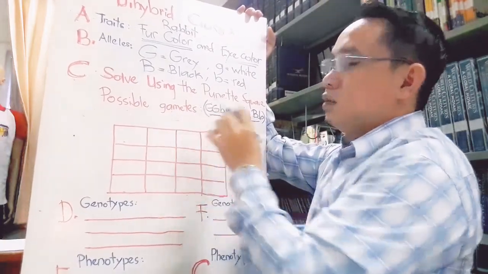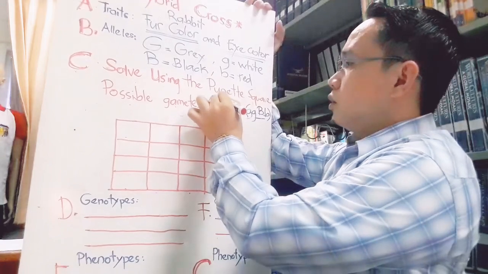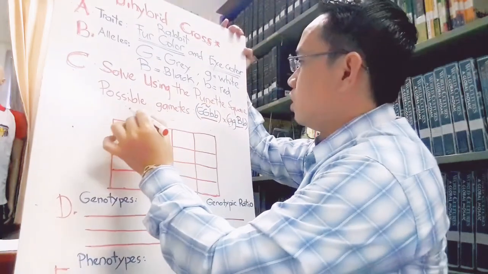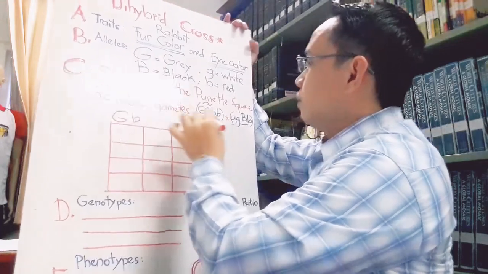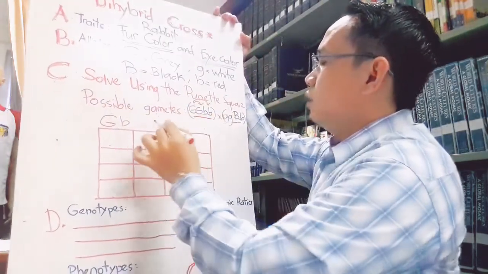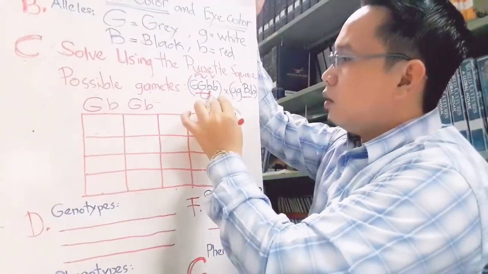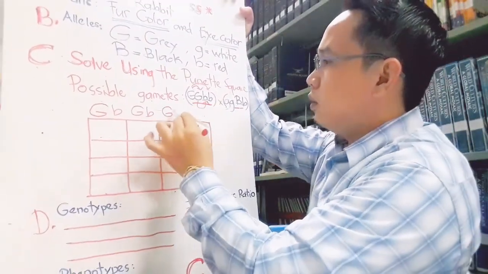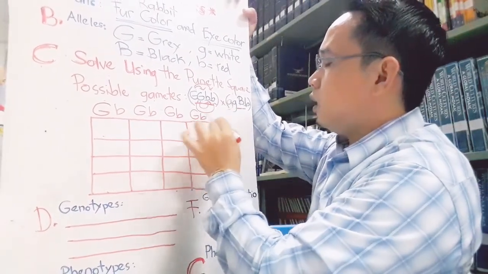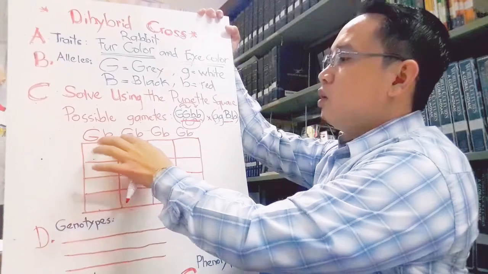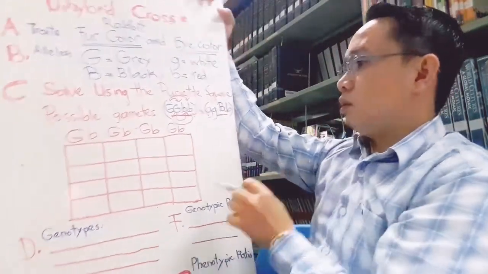So first thing, determine part 1 of the traits in this dihybrid cross. First, pair this one, which is GB. Next one, we have GB. Next, we have GB. And the other one will be GB. So we use the law of segregation under the Mendelian principle.